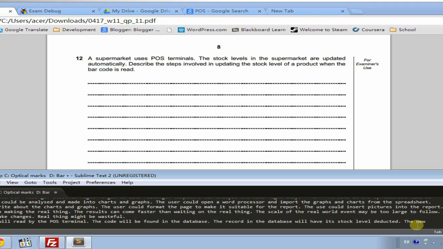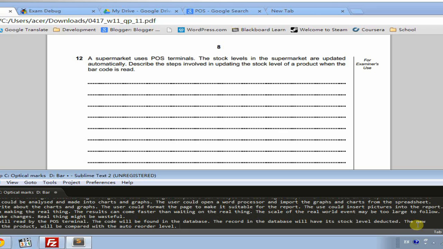for the product will be compared with the auto reorder level. So the store will have set a certain amount.